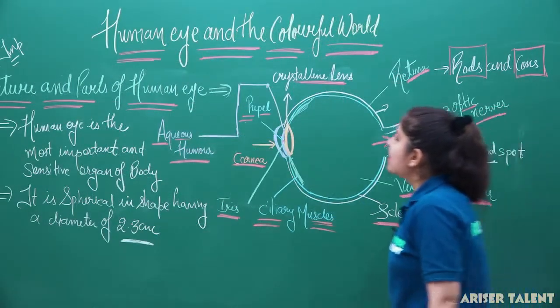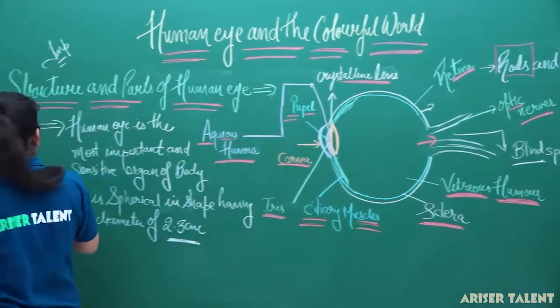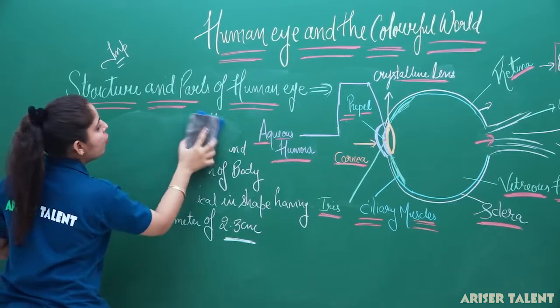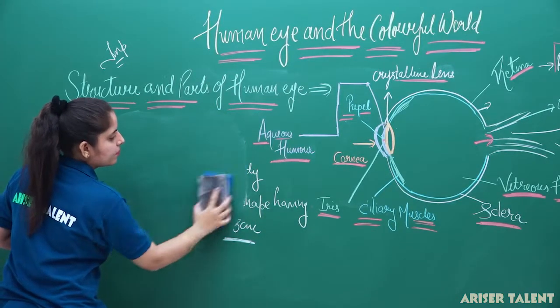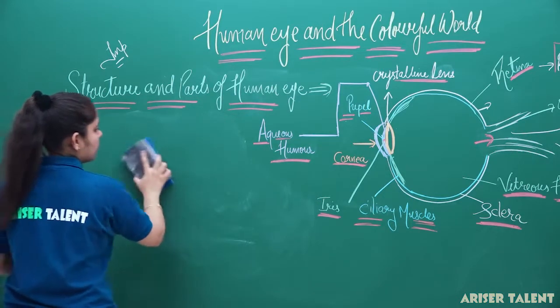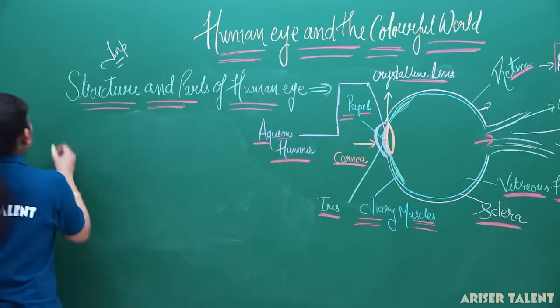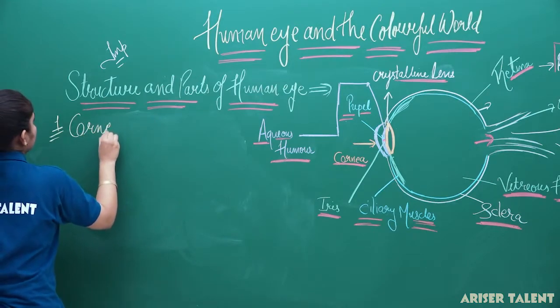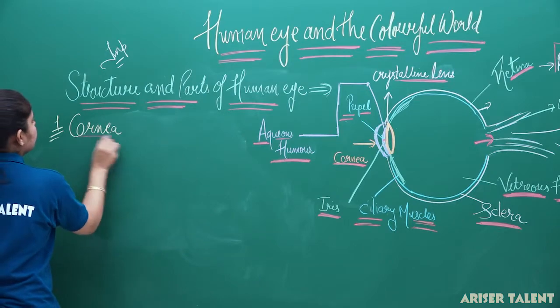Now let's discuss the parts of the human eye one by one. Firstly, we are going to start our first part with the cornea.